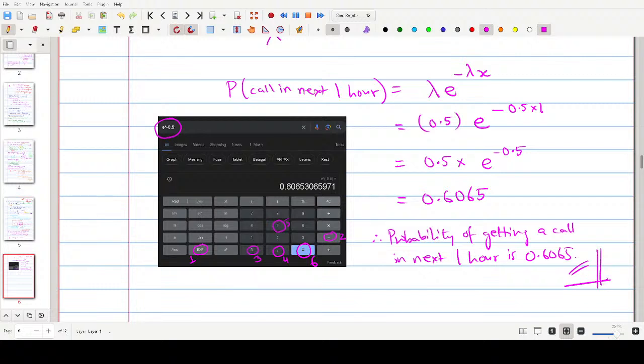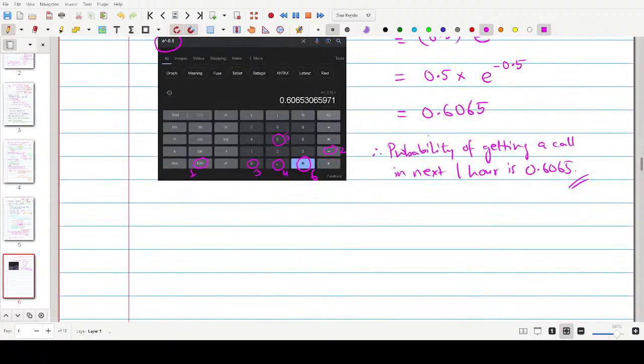By the way, since we have got the value of the probability here, we can also find the value of mean and the variance, to be very specific. So the mean is already given in the question. The mean mu is 1 by lambda, that is 2. Lambda is 0.5, so 1 divided by 0.5 is 2.